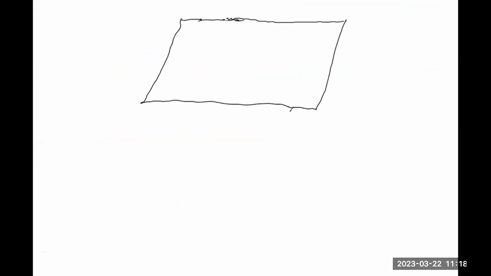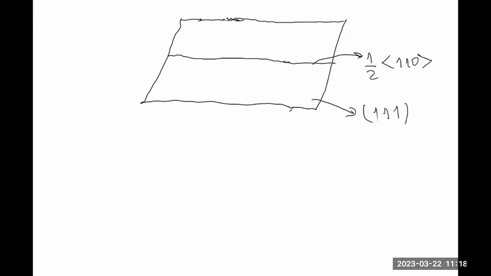So in FCC, we have edge dislocations, and the edge dislocation representation is 1/2, 1, 1, 0. This is the plane of 1, 1, 1, and the edge dislocation is just 1/2 <1, 1, 0>.